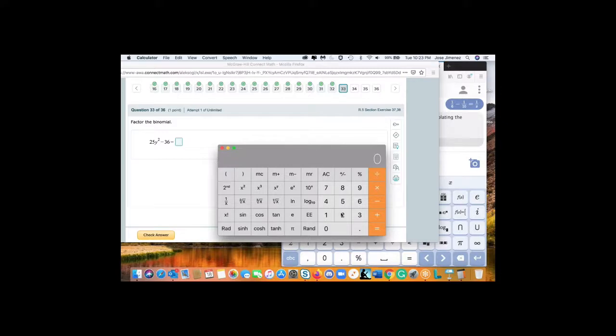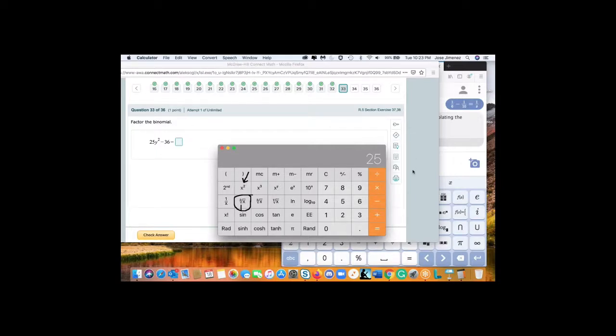Let's check it out. 25 square root is the one on the bottom. See, this is the square root right here. This is the square, but this is the square root. See, the square root is different. It's the opposite of the square.